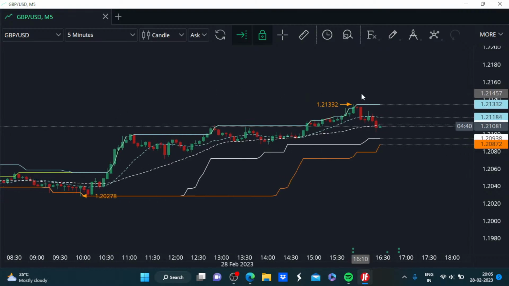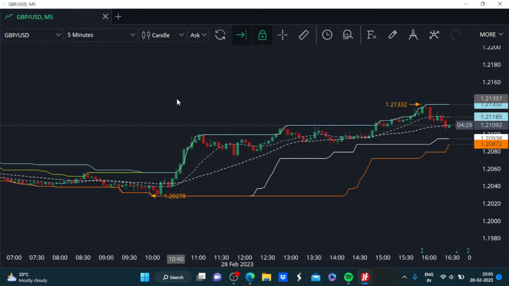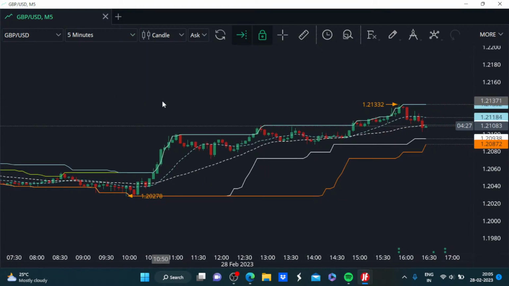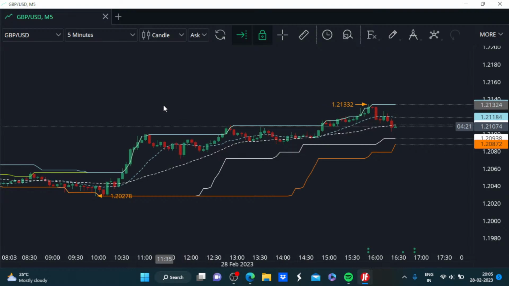So the possibility of a further move on the higher side can't be ruled out. But at the moment, it has seen a decline of almost 20-25 pips. So we will have to trade a bit cautiously here. But the outlook is quite strong for the GBP, and we can keep looking for opportunities to go long while expecting it to remain strong intraday as well as for the next couple of days.